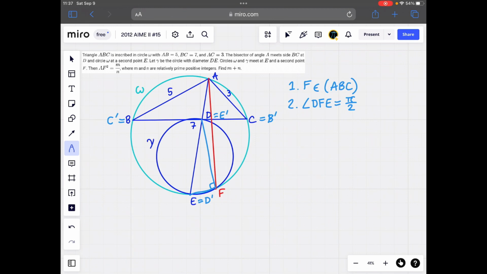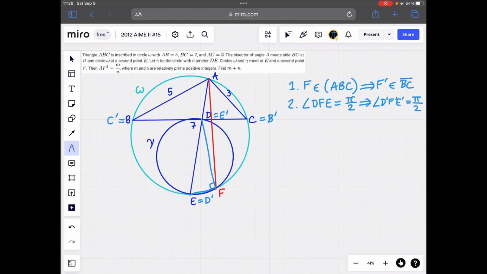So now we can use these 2 points to uniquely characterize the image of F under this inversion. So the first one, since F lies on the circumcircle of ABC, we have that F prime would lie on BC. And now since the root BC inversion preserves angles, we would have angle D prime F prime E prime is also equal to pi over 2.